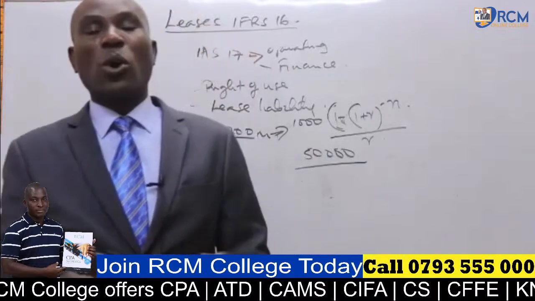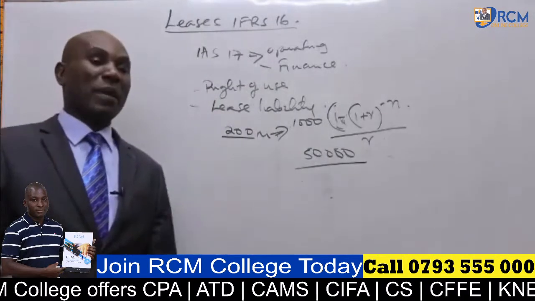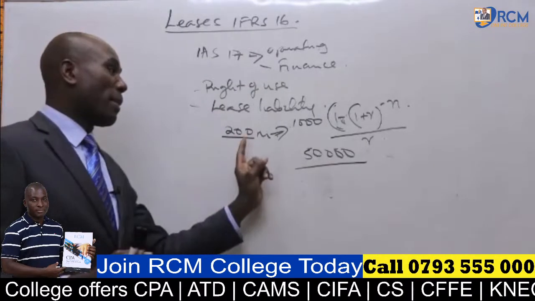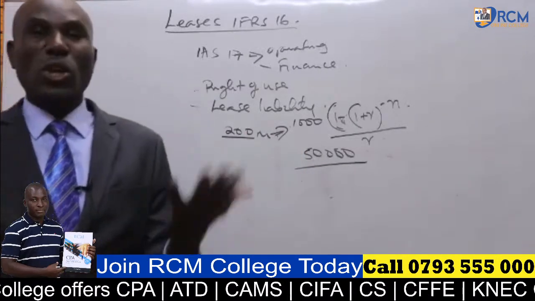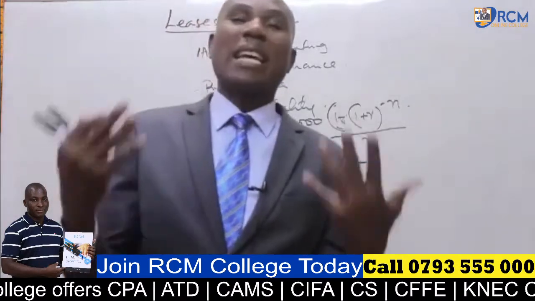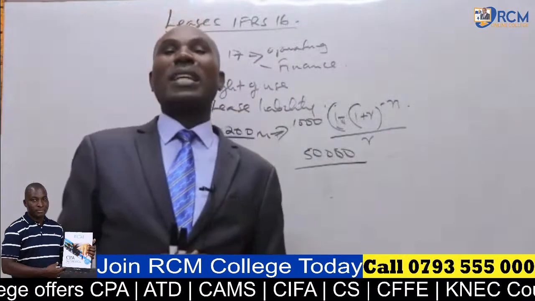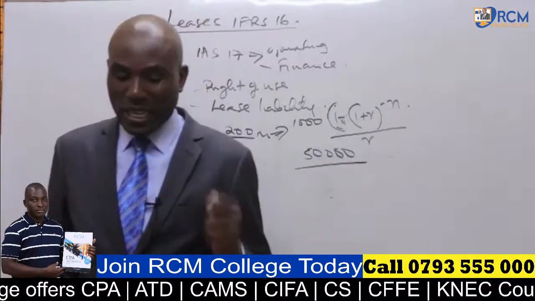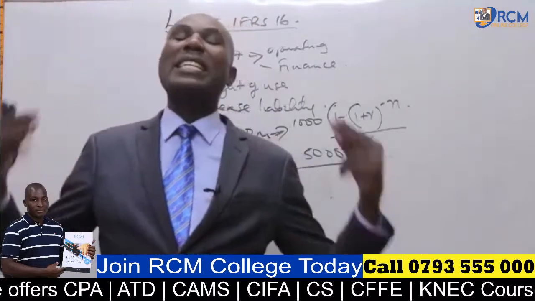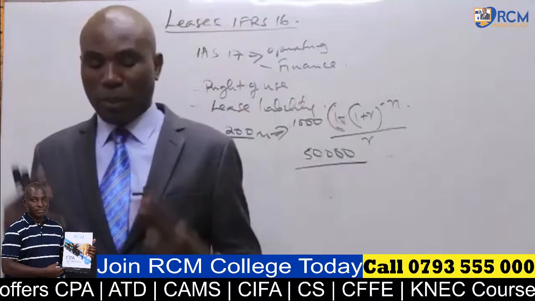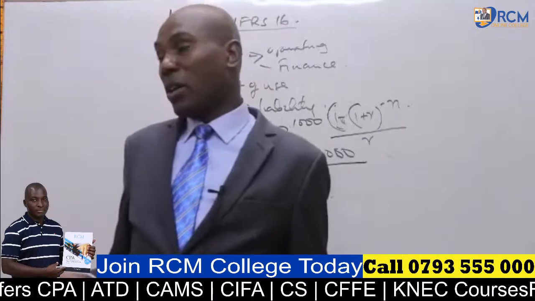And we say that on initial recognition, the right of use will be measured at the amount of the lease liability, like this 50 million, plus any initial direct cost incurred by the lessee. And what are these initial direct costs? We said, number one, you take first the lease liability, then you add any direct cost that the lessee is paying before commencement, then any dismantling cost.